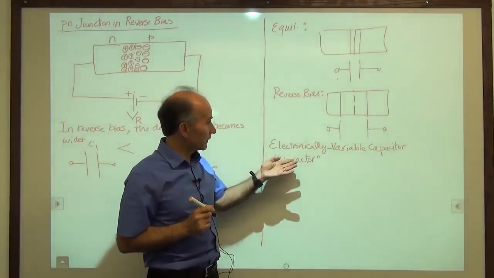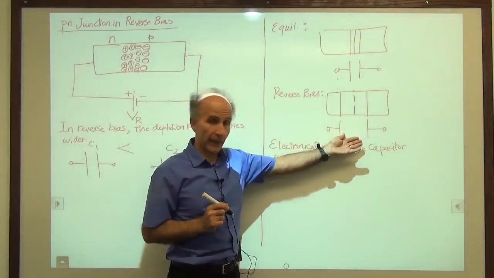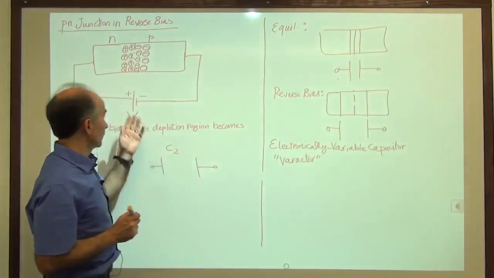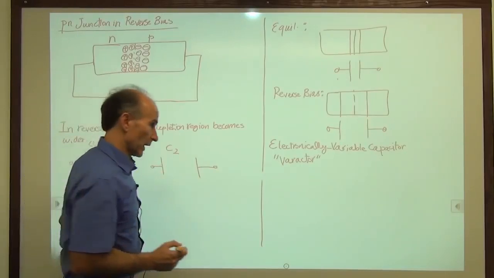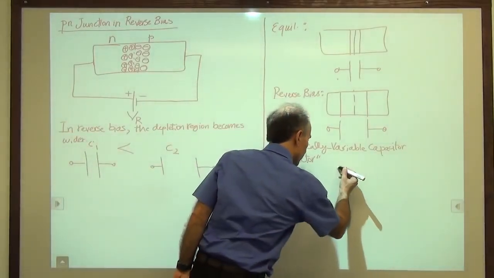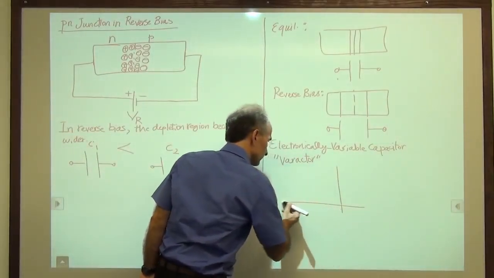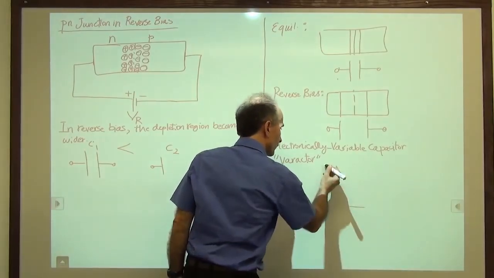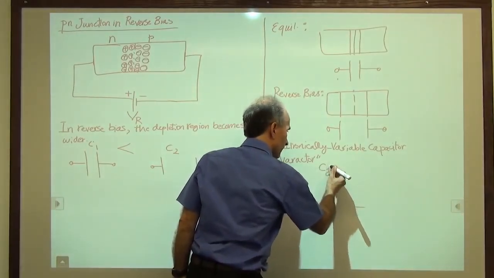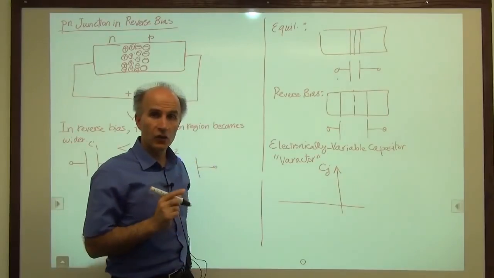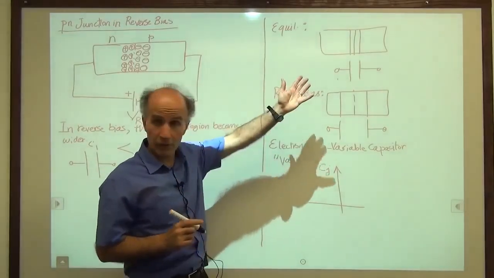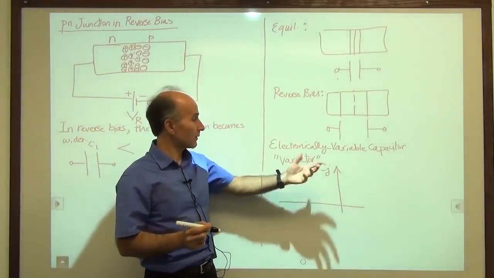Now, can I plot the value of this capacitor as a function of this voltage? Yes. So here's what it looks like. This is what we will call Cj. Cj denotes junction capacitance. It's a PN junction. It just happens to have a capacitance, so we call it Cj.